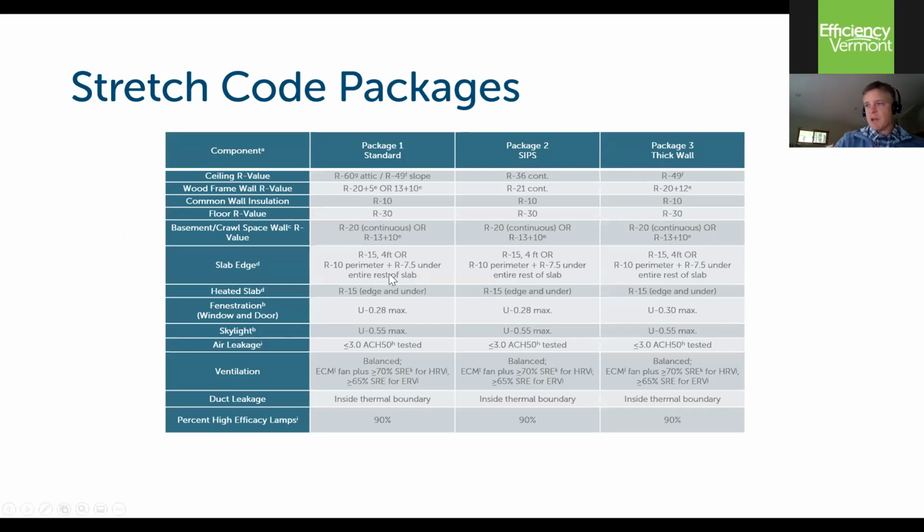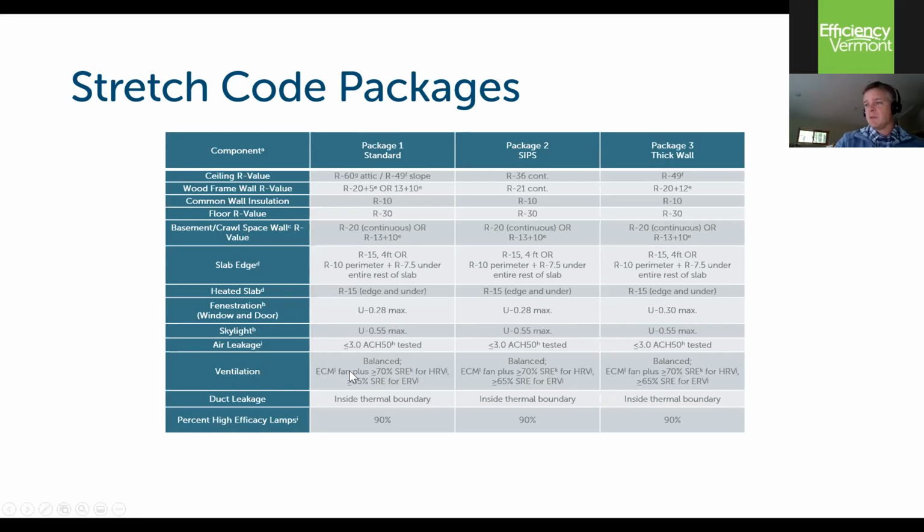So stretch code packages, there's 3 instead of 5 here. You're moving to a requirement of continuous insulation for any above grade wall, so you can't just put fiberglass or mineral wool or cellulose or spray foam in the framing cavities, you have to do a continuous insulation layer of some type as well. A little bit better performing window is required.